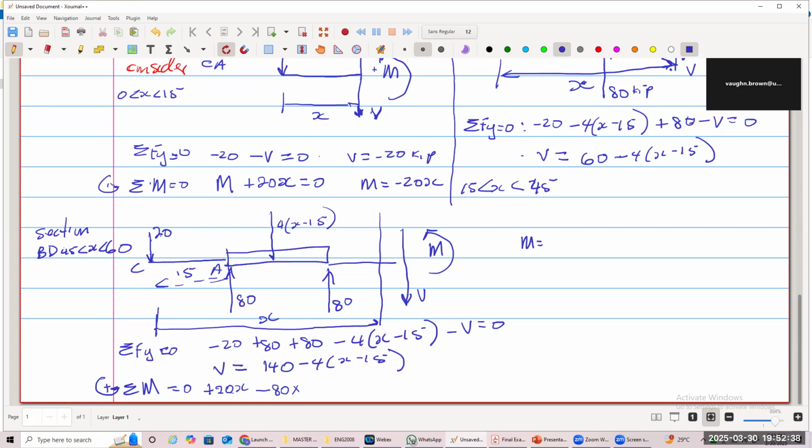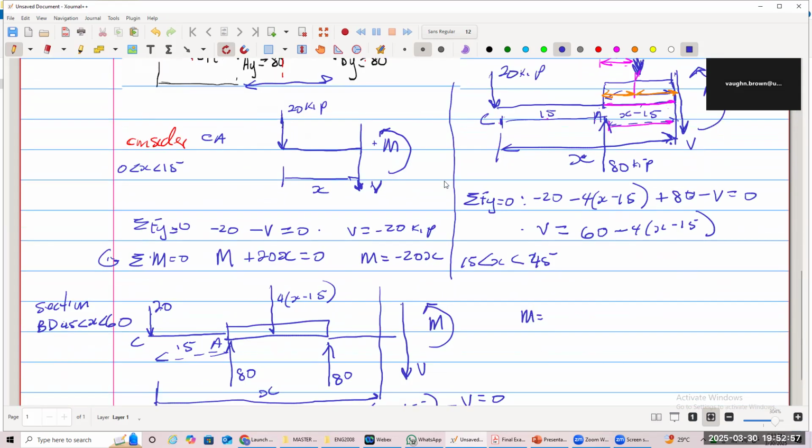Did we find the moment for the second one up here, or did we only find the shear force? Hold on. Let me see if I can get only shear. Let's try the moment.